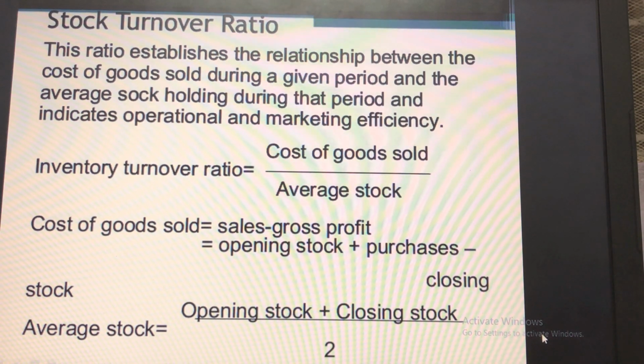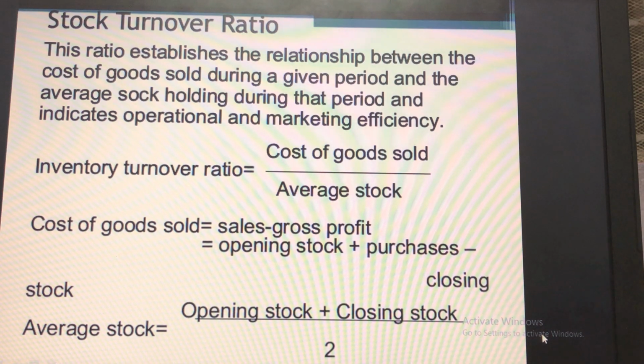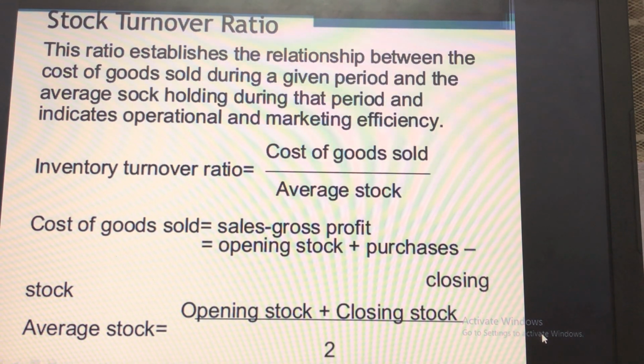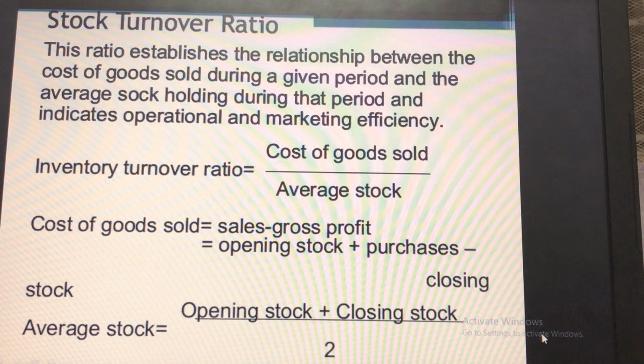Stock turnover ratio. This ratio establishes the relationship between the cost of goods sold during the given period and the average stock holding during that period and indicates operational and marketing efficiency. Inventory turnover ratio is equal to cost of goods sold divided by average stock.